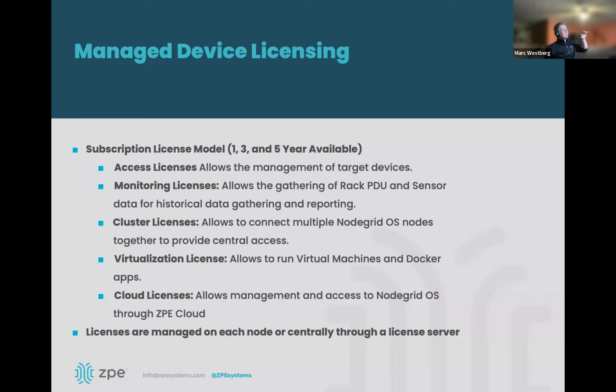The perpetual licenses are included with the device. Additional access licenses can be purchased to manage more IP managed devices. Monitoring license, as I was talking about with the PDU and sensor data, there is a license fee for the monitoring.